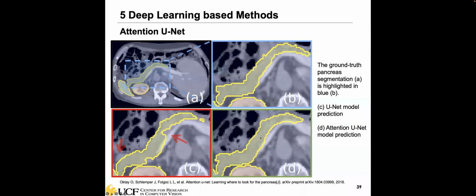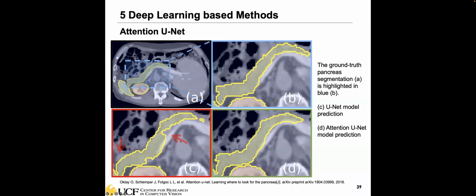And this is the segmentation map as a comparison to the original U-Net. The blue one is the ground truth. A is the ground truth for the pancreas, and this blue one is just an enlarged version of this portion. The red one is the segmentation map for the U-Net, and the green one is the Attention U-Net segmentation map.